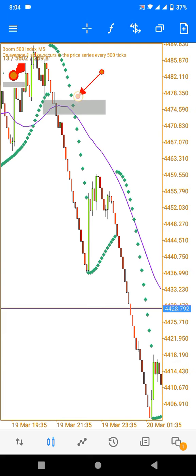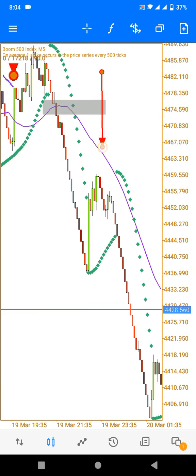Look here, the Bollinger Band, the middle one, is crossing the candles from upside and going downward, and the parabolic dots are also showing the market is in a downtrend. You can set your stop loss at the previous high and go for this one.